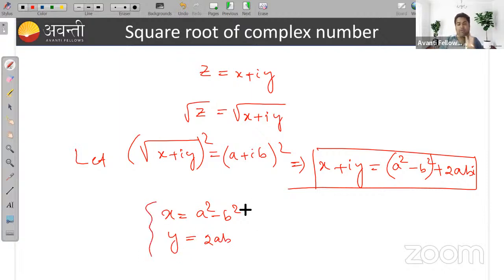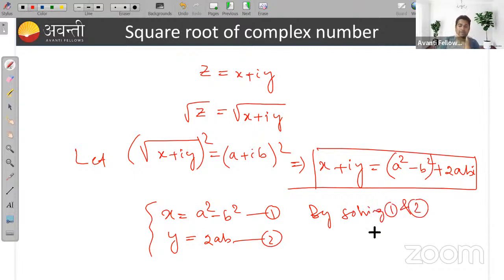So by solving these two equations, 1 and 2, you will get the values of a and b.